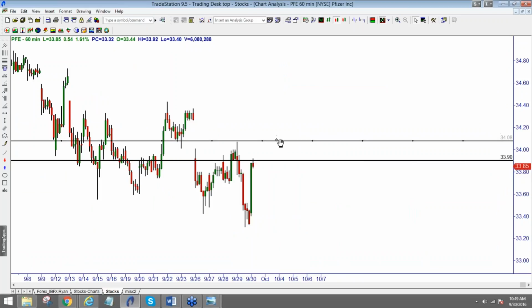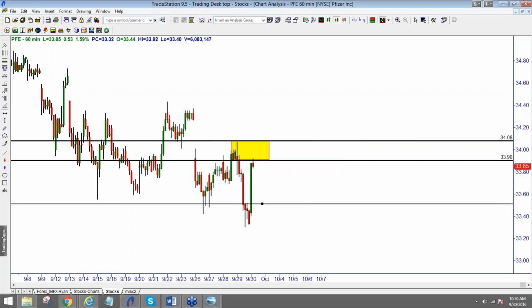Here's that little nickel zone that got broken through, but now touched this. You'll see it wick touched, and it's kind of backing off a little bit. This has still got some nice room to go. We're going to use somewhere in here as our target one.